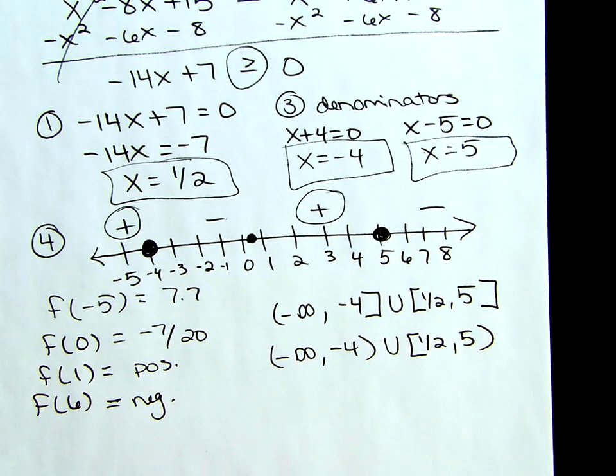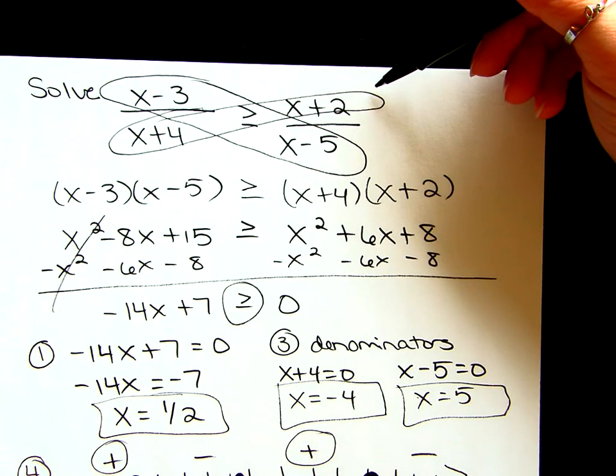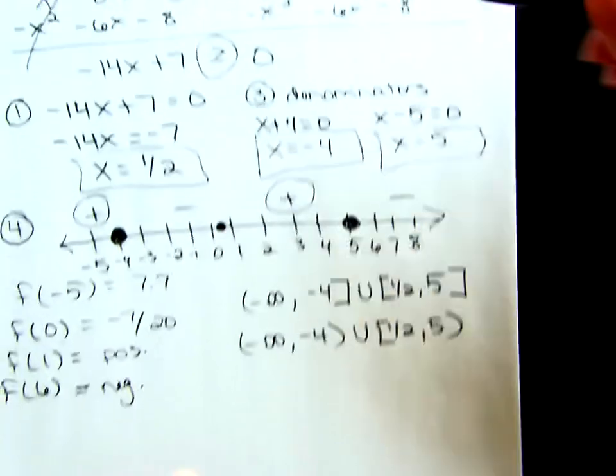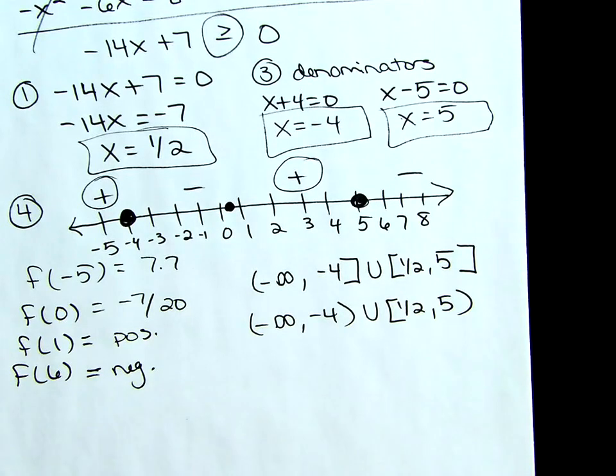Because simply by rounding them, what we're saying is we go really, really, really close to negative 4 and really, really, really close to 5, but we're not actually going to include those in our intervals, because if we include those in our intervals, then way back up here at the beginning, they cause 0 in our denominators, which is a problem. We don't want that, and so we have to take them out.